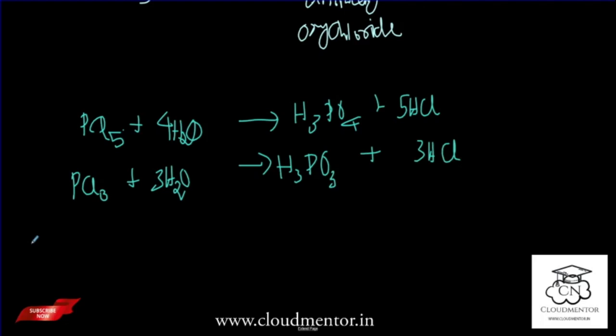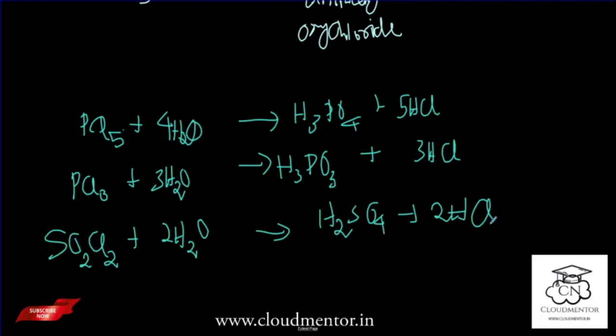SO2Cl2 with 2H2O giving H2SO4 plus HCl, and SiCl4 reacts with water giving H2SiO3 and HCl.